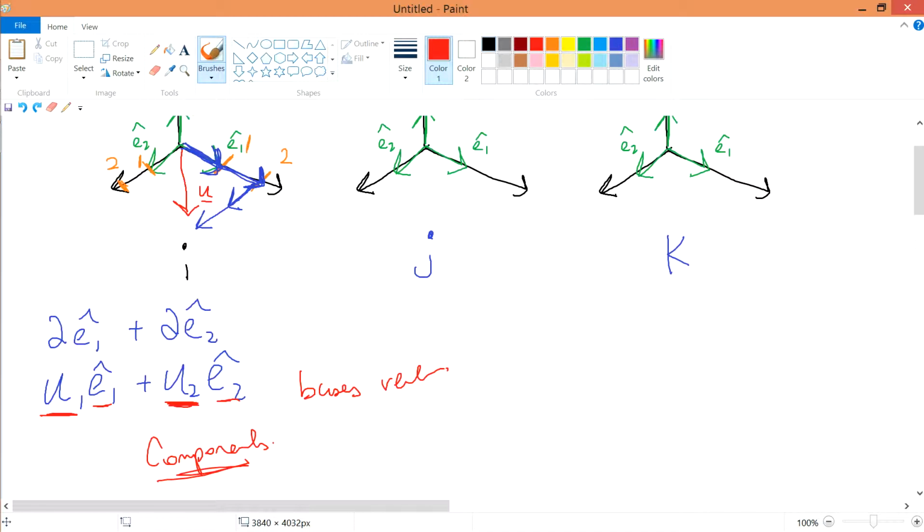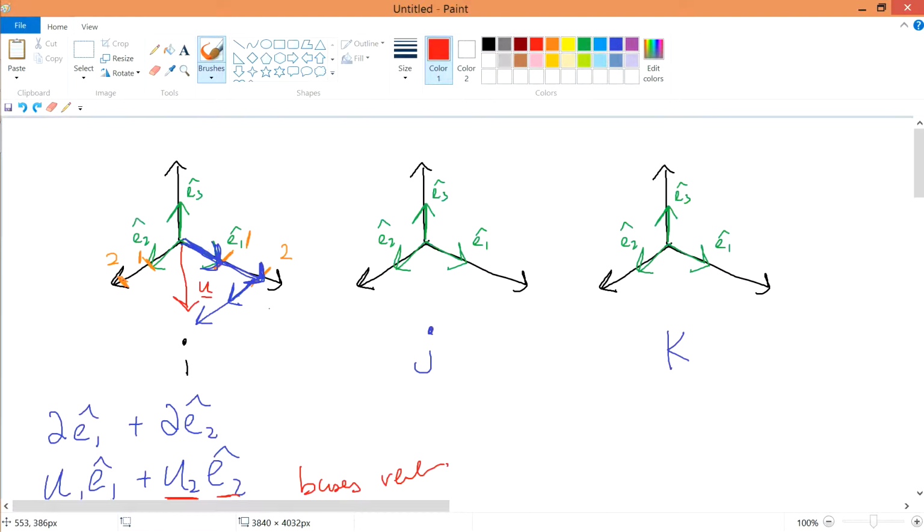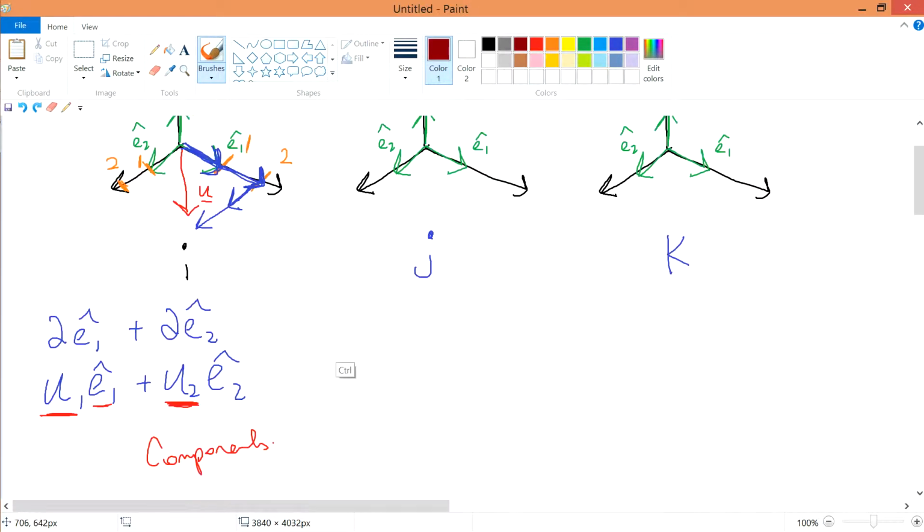If you were to go 3D now, because in this video I can't actually show you 3D, since what I draw is always in 2D. So for example, let's include the e3 hat. I can just simply add in the new dimension and I'll have u3 e3 hat.